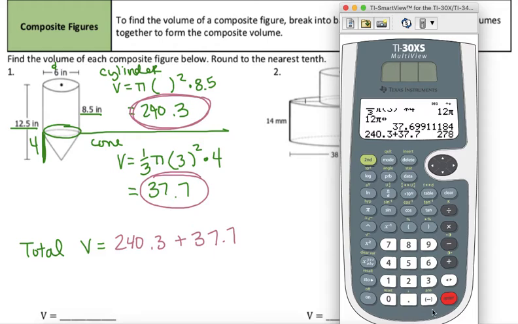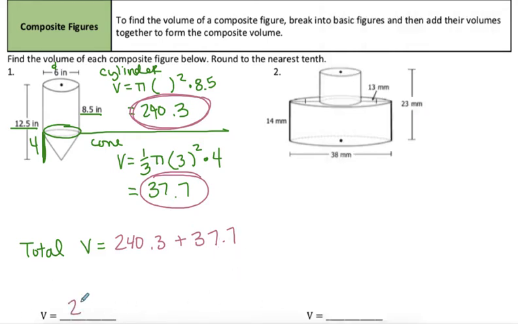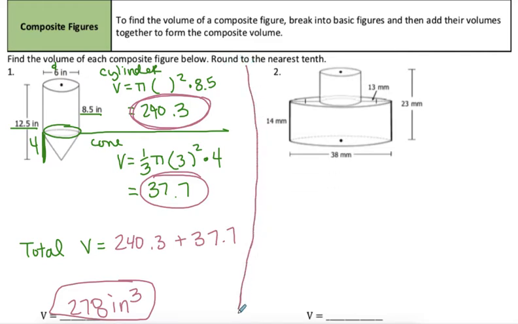And when I combine those, that's where I get about 278, and my units will be inches cubed. All right, so again, this will review the formulas that we'd been using previously while also introducing the composite idea here, where we're going to add two figures together.